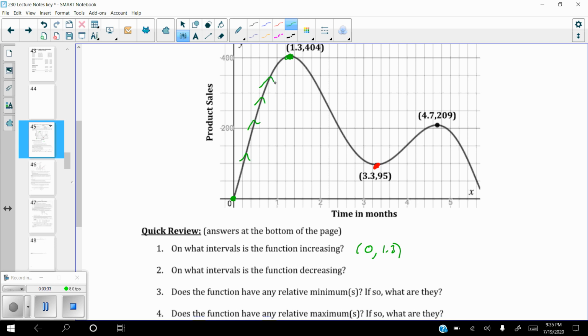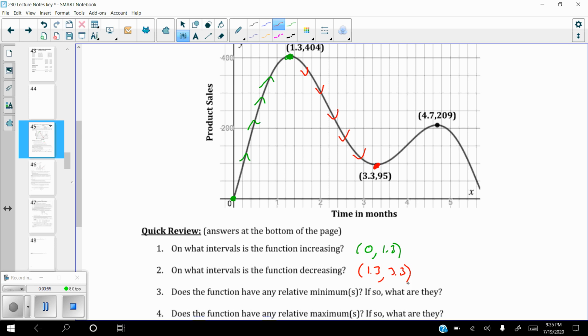I'm just going to highlight it with arrows there going up. And then this one is decreasing because it is coming down. Again, hopefully you can see that and that makes sense. So my first interval of decreasing is going to start at 1.3 and then it's going to go to 3.3.